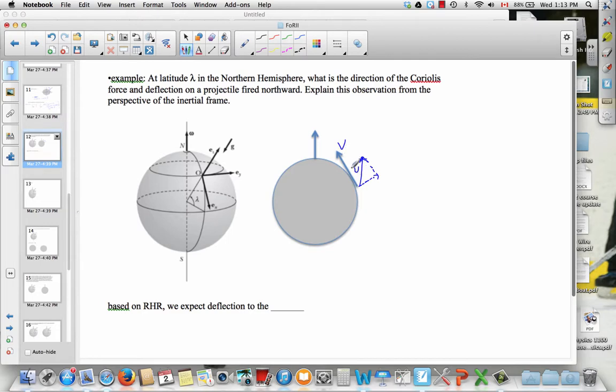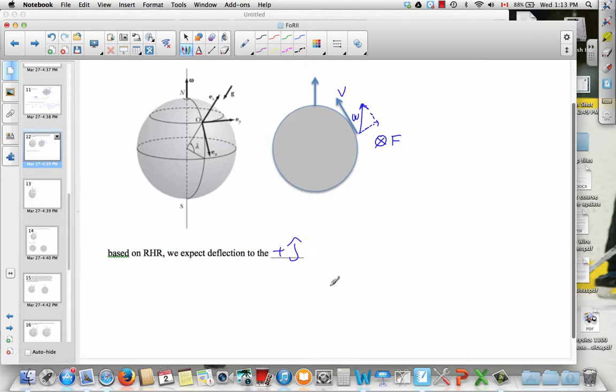So by the right-hand rule, the force is going to be perpendicular to those vectors. If you point your right-hand fingers in the direction of v and then curl them towards the direction of omega, your thumb should be pointed into the page. Into the page, away from us, is in the y direction.